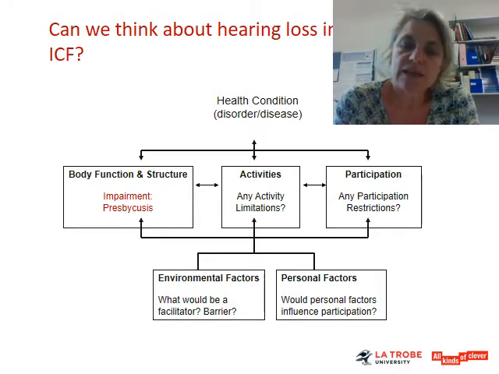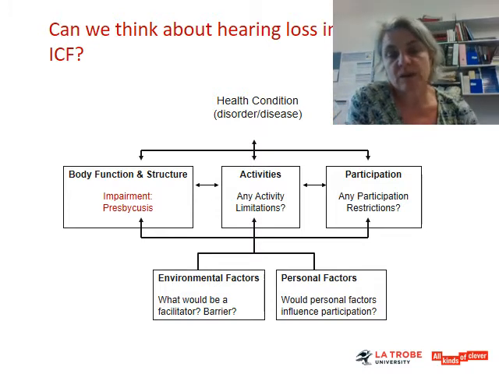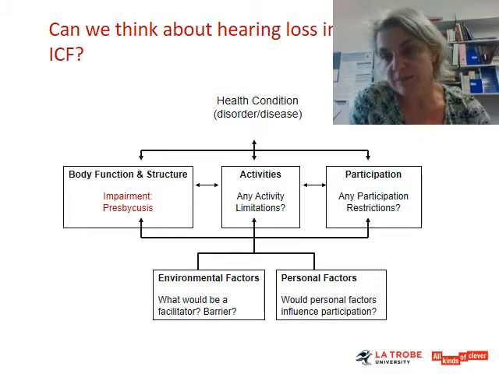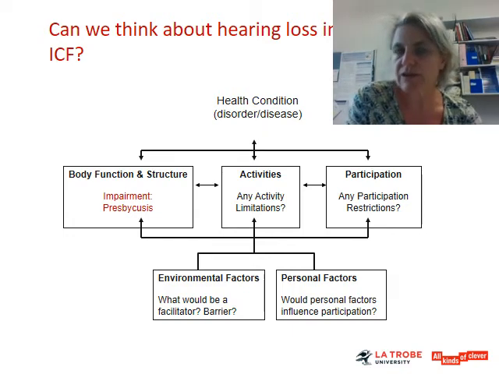And would it restrict any life situations, employment opportunities, volunteer opportunities, the kinds of things people might be interested in doing? And then we could also think about how the environment impacts on someone's ability to hear if they've got an age-related hearing loss.